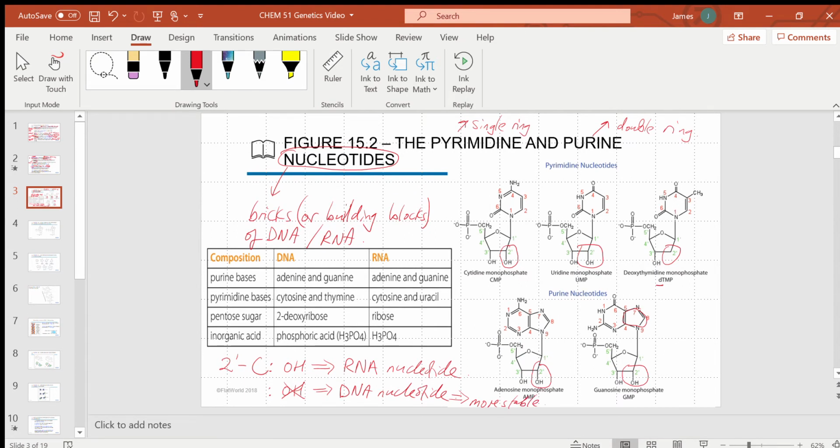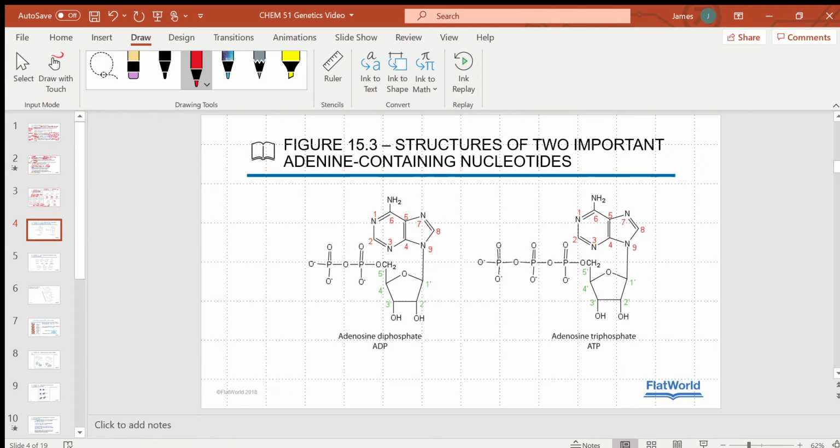That would be a consequence of the 2' carbon being deoxygenated. Why might that be useful? Well, it might be good for preserving our message in a bottle. So hypothetically, that is why DNA is a better store of information than RNA, because it's more stable. Okay, so I think we've exhausted this slide, so moving on.